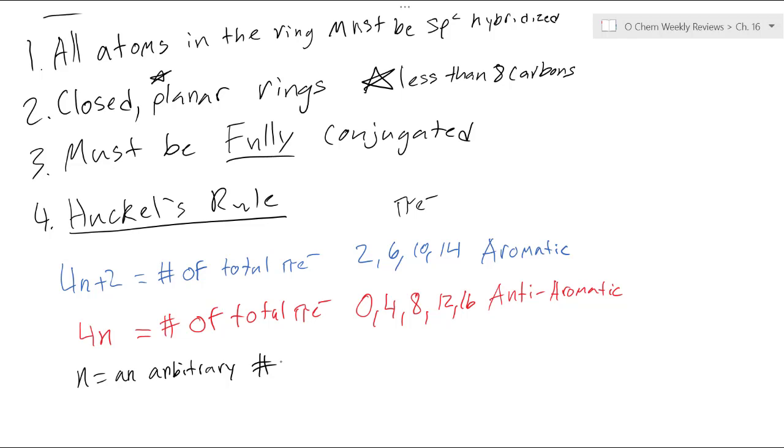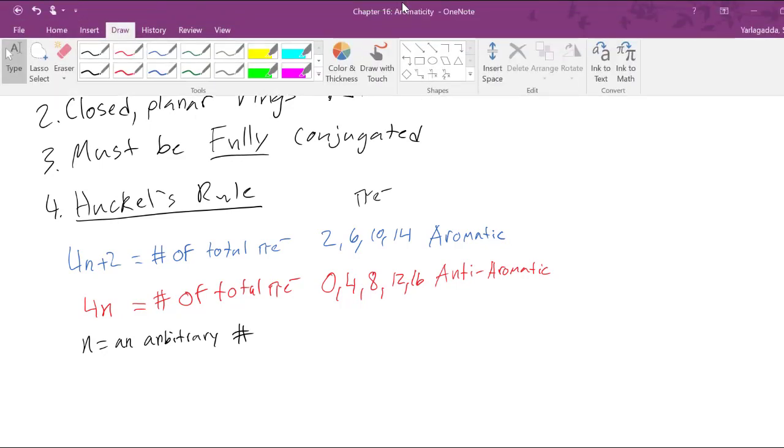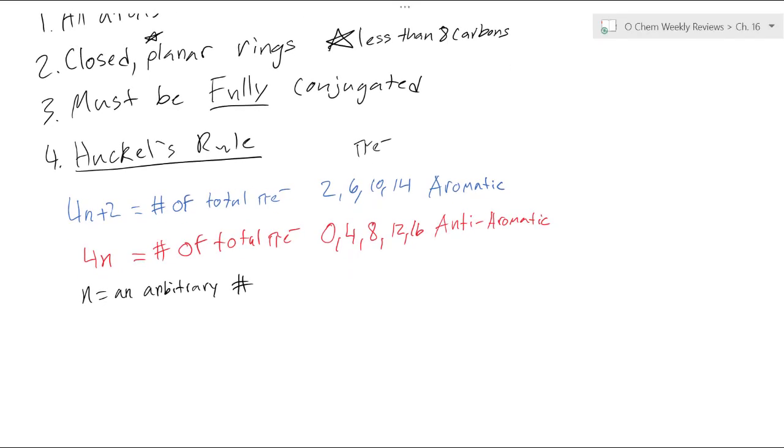Okay, now, we talked about aromatic and anti-aromatic, but last thing there is non-aromatic. So if one or more of the above rules are broken, then the structure is non-aromatic.